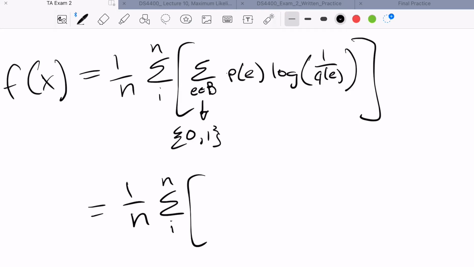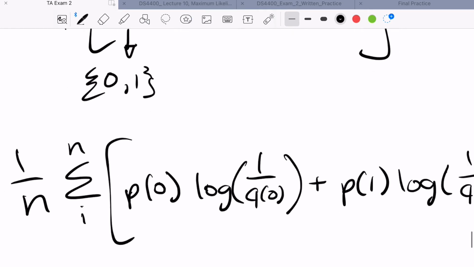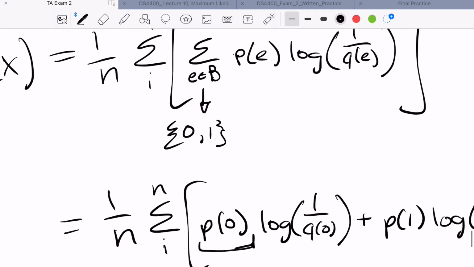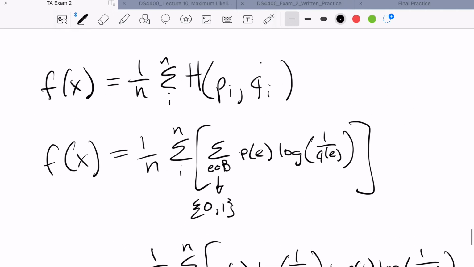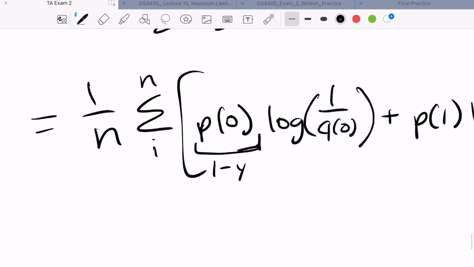And just to work this out, we have the probability of 0 log 1 over Q of 0 plus P of 1 log 1 over Q of 1. So remember earlier we said 0 is the chance of failure, and since P represents the distribution of labels, we know that this is just 1 minus yi, the ith label.